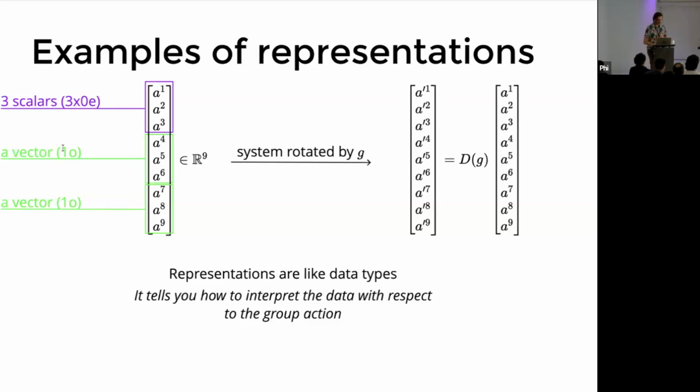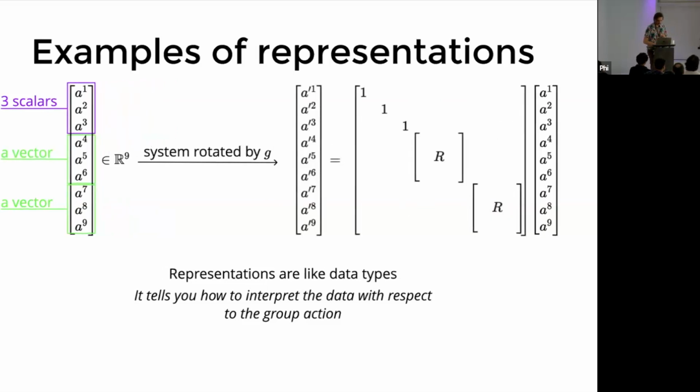And 1o means L equal 1, and o means odd. So these are vectors that are affected by inversion of space. I'm not sure what you asked for, so can you elaborate on your question?